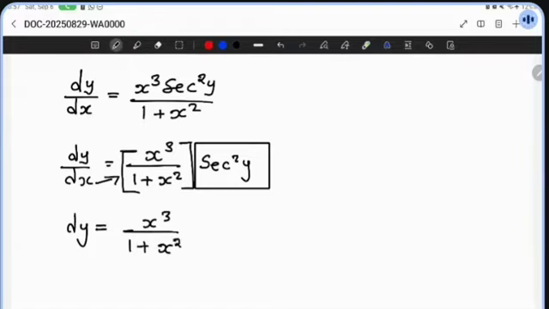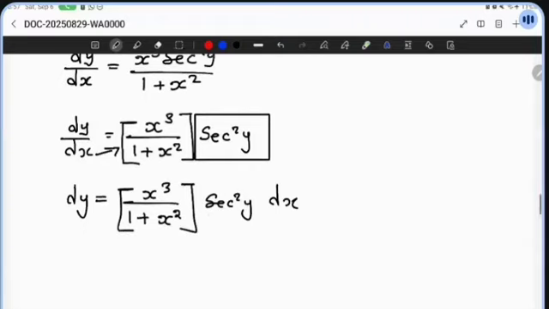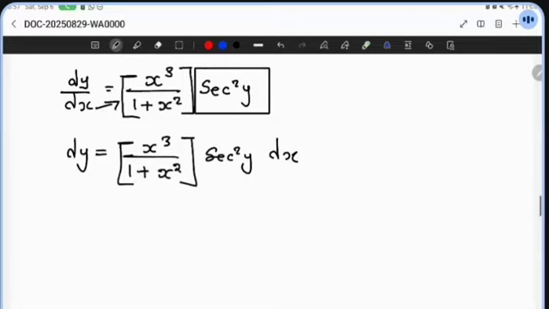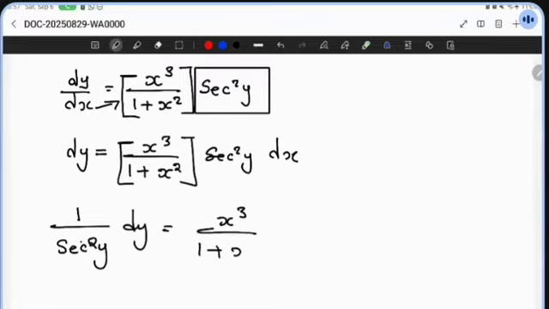And then from here, now I have sec squared y dx. I'll divide both sides by sec squared y so that I get rid of that sec squared y from the right side. Now I have 1 over sec squared y dy equal to x to the power 3 over 1 plus x to the power 2 dx.